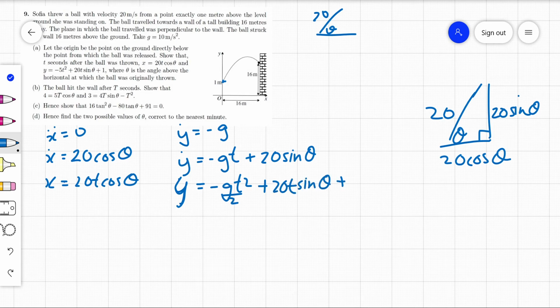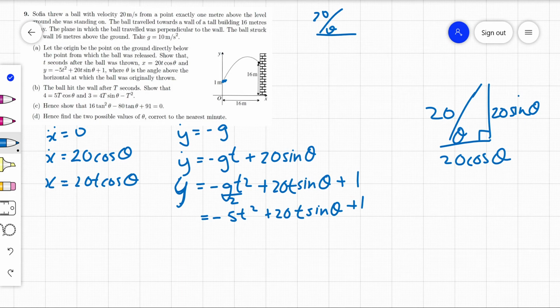And here is where we've got 1, because we're starting at y equals 1. So when t equals 0, we've got y equals 1. If I put 10 in for gravity, this is going to be 5. Because we had to prove these equations, so we've got the equations.